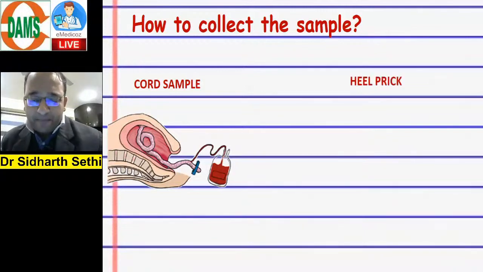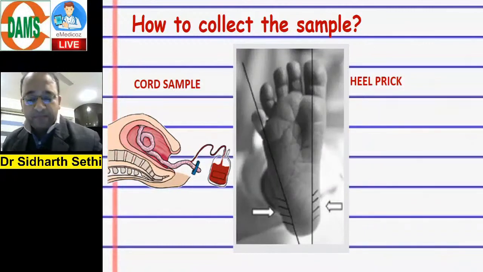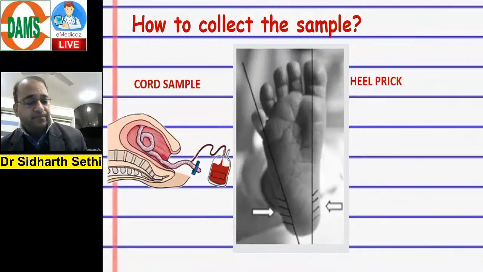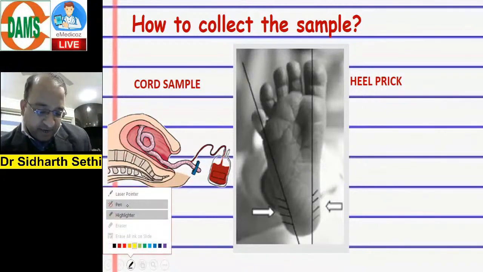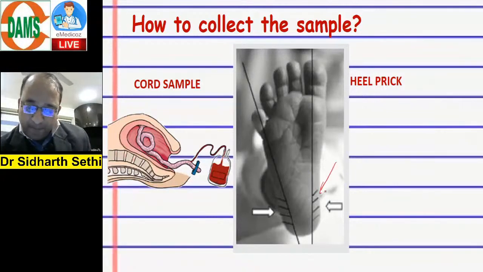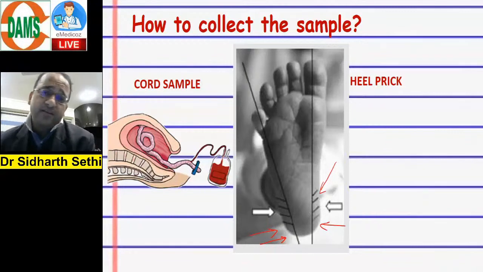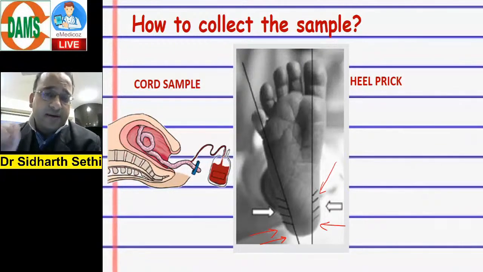Now in a baby, we do a heel prick. On your screen is a heel, and these arrows depict that we take the sample from the peripheries of the heel, not from the center. This is because of two reasons. If you take it from the center, you may hit the plantar arteries.